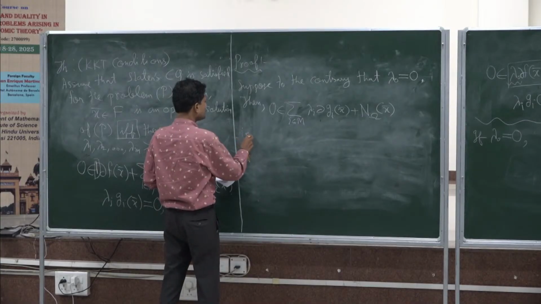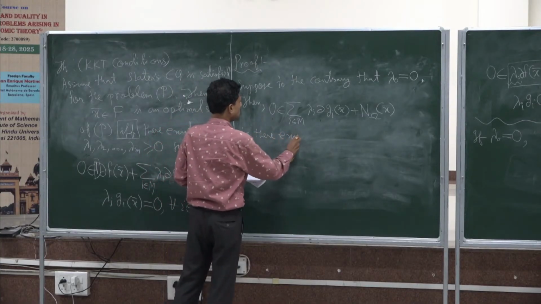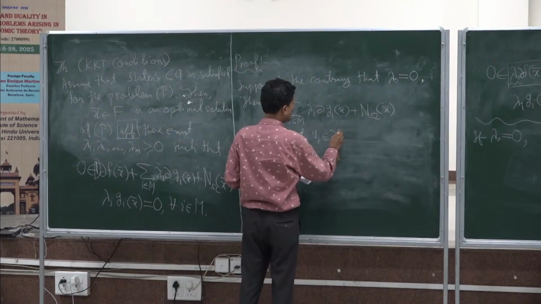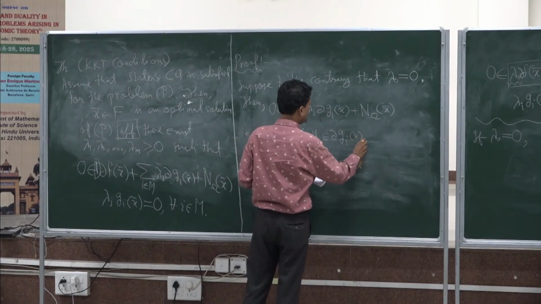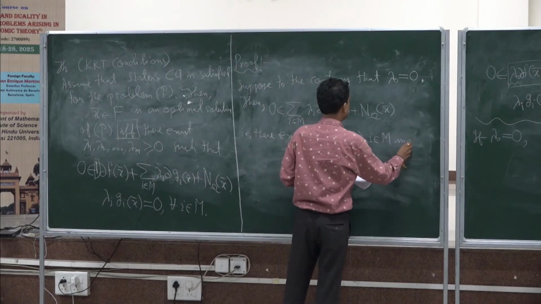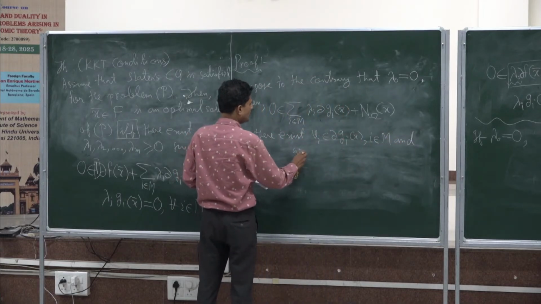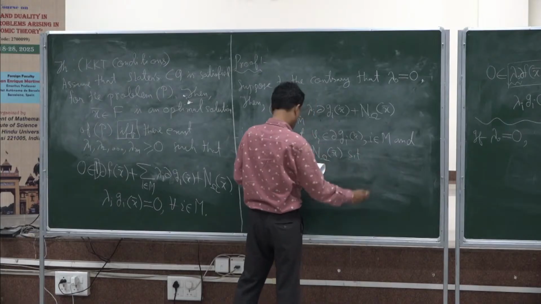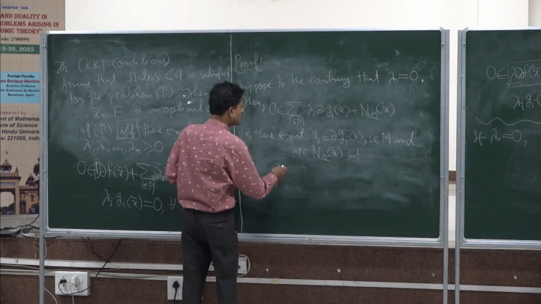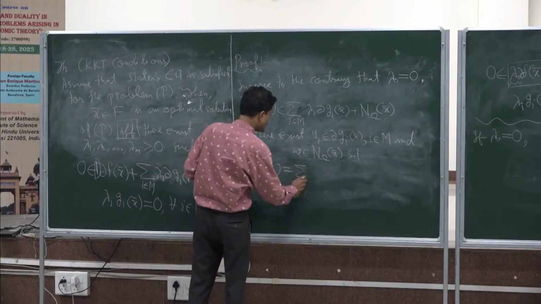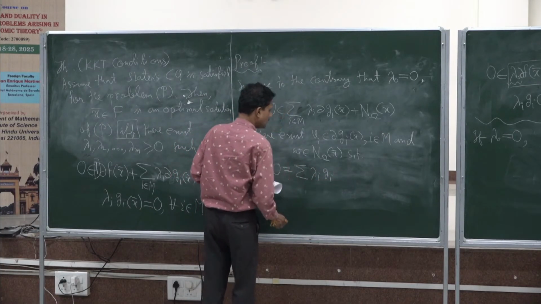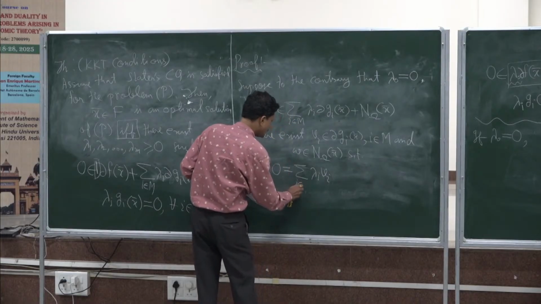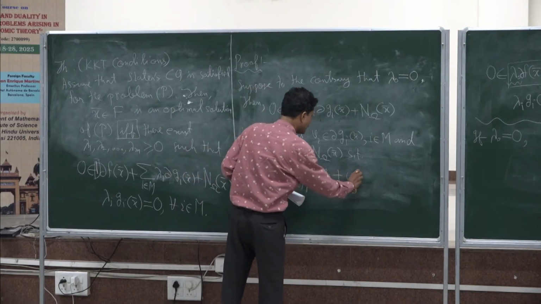That is, there exist some elements, say vi, in the subdifferential of gi at x bar, i in m, and some element, say omega, in the normal cone, such that 0 is equal to the summation of lambda i vi, i in m, plus omega.